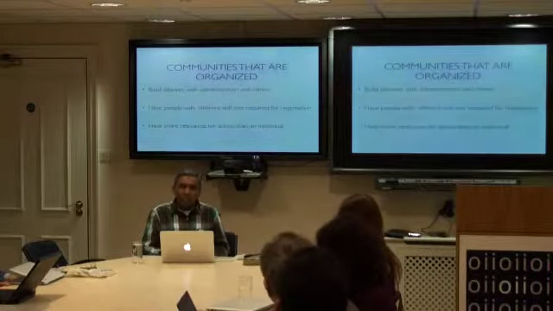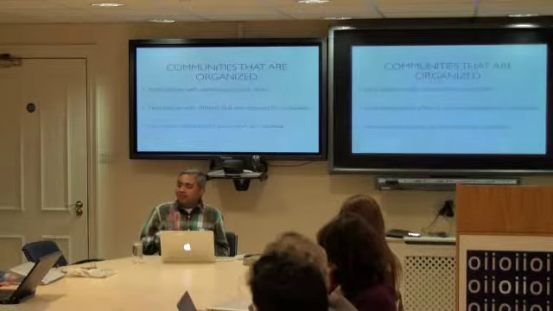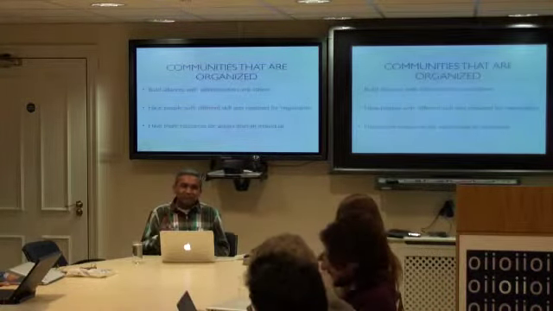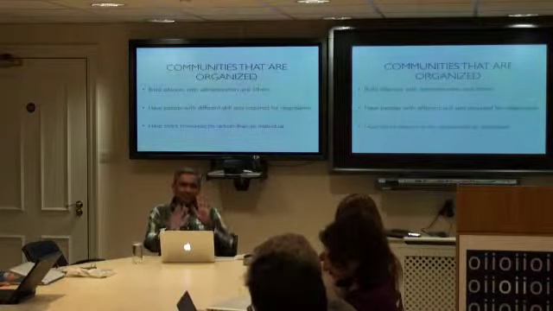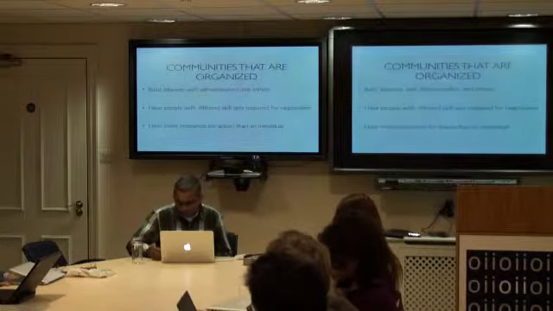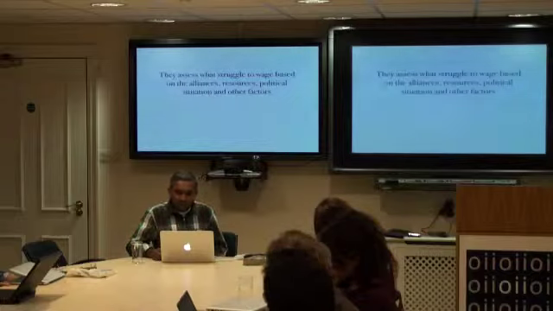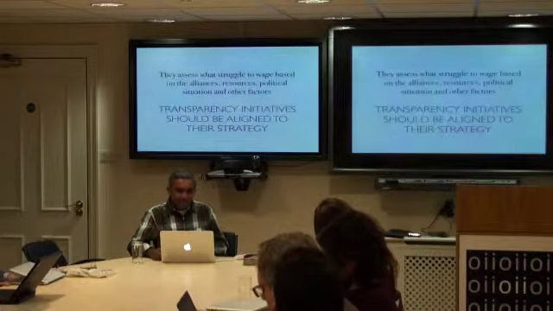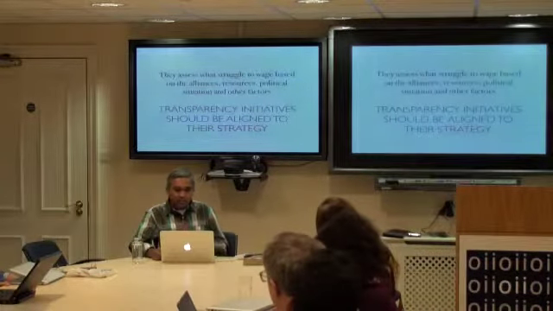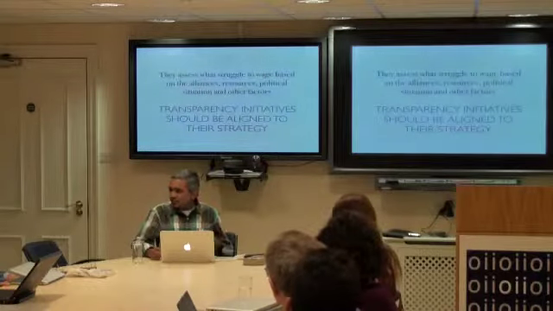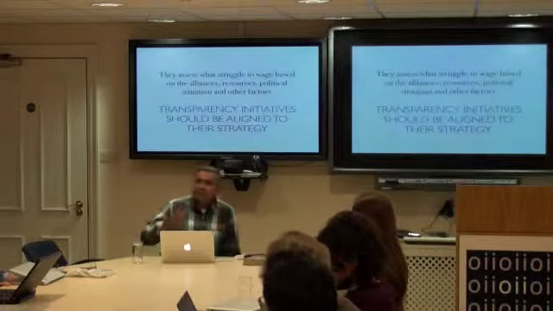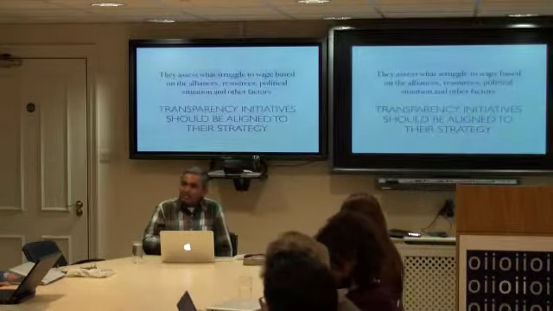So this view of transparency working in a collective action framework, if you think of it as a social movement theorist, rather than an economist who thinks about information changing individual choices, seems to be a lot more powerful way of building an intervention that has a chance to work. So in essence, what we are saying is that if you have to build an intervention that has a chance of working, it should be based on local strategies of the community, not just what problems they face, not just what problems they feel they can act upon, but also on what alliances they have and what are some of the current priorities.